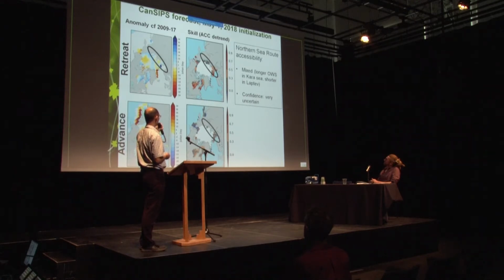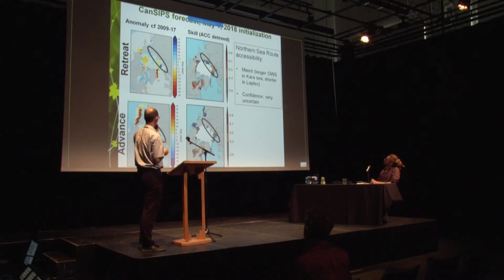The Northern Sea Route accessibility is really mixed, with mostly warm colors in the Kara Sea, but cold colors in the Laptev Sea. So there's more ice in the Laptev Sea, or a later retreat, later melt date.